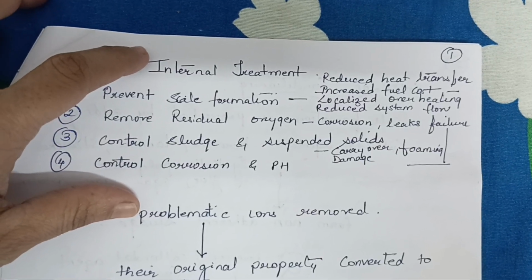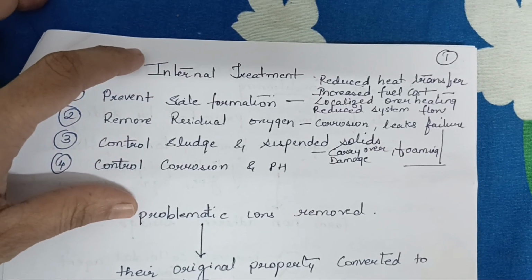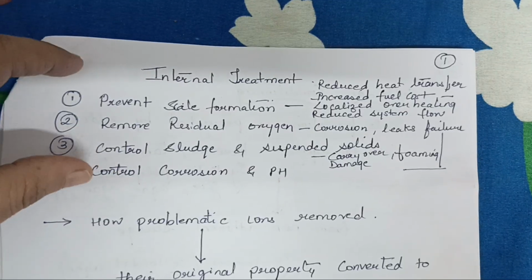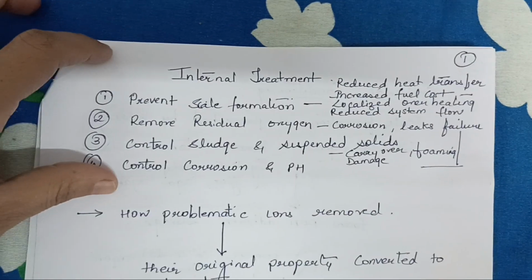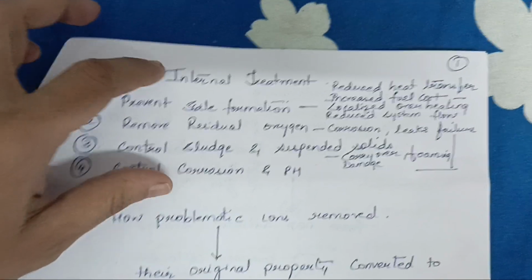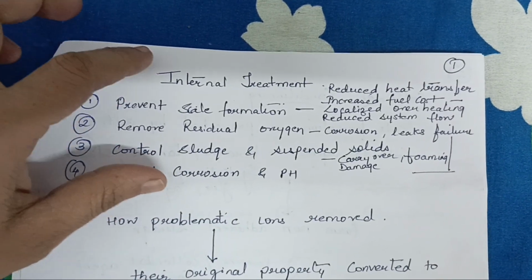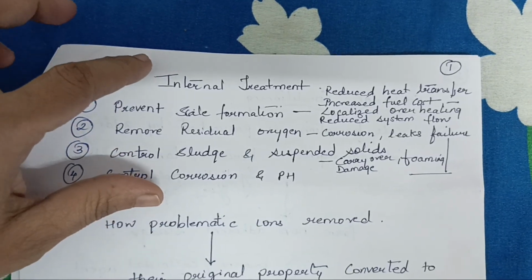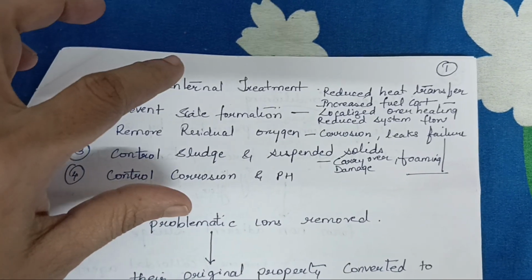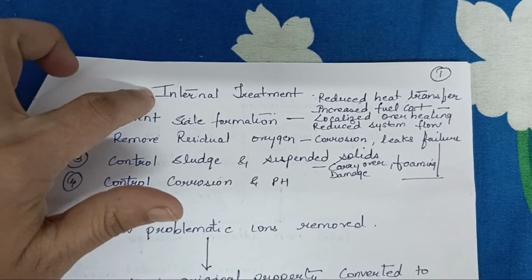As we have seen in the external treatment, lime soda method, zeolite, anion cation exchanger, we remove the maximum impurities from the water, but yes, to a certain extent some of the impurities not get eradicated from the water and it will be removed in the internal treatment.